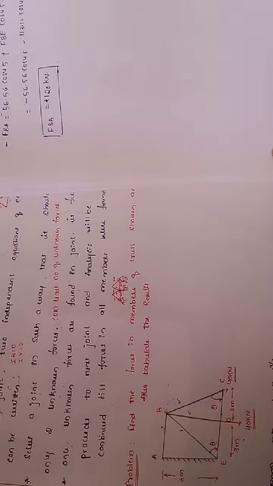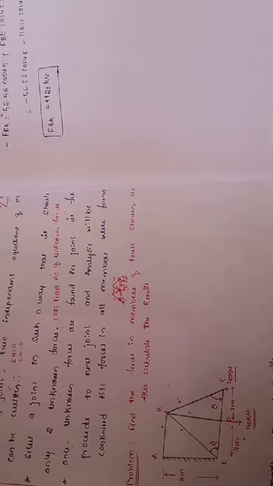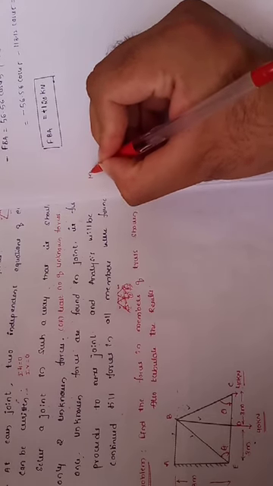So how will you tabulate the member forces? While tabulating, we should remember what all the members we have, what is the magnitude, and what is the nature of the force. We'll start with the members.